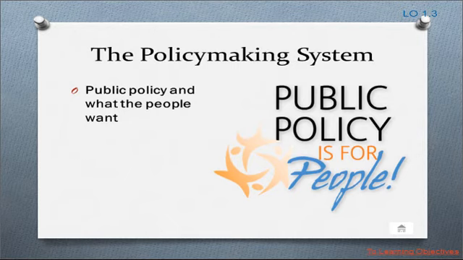Types of public policy include congressional laws, presidential actions, court decisions, and budgetary decisions. If you notice, the public policy making system begins and ends with people. After public policy is made, the people decide if the solution is satisfactory. If it is not satisfactory, then the cycle starts again.